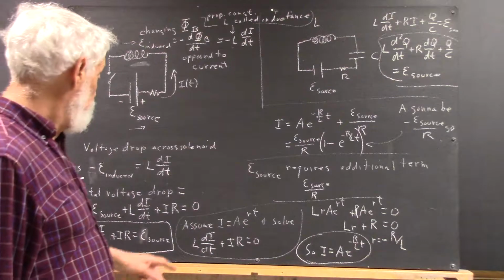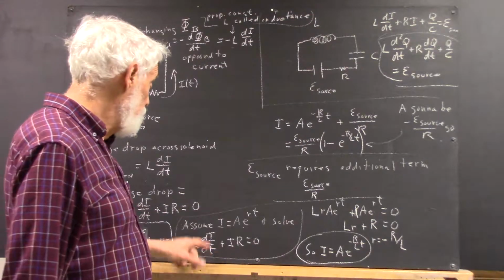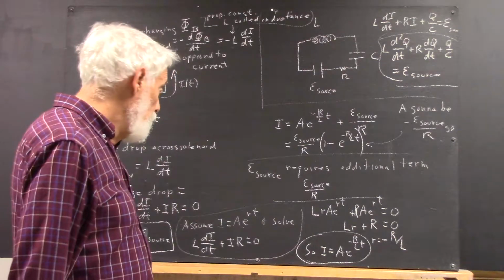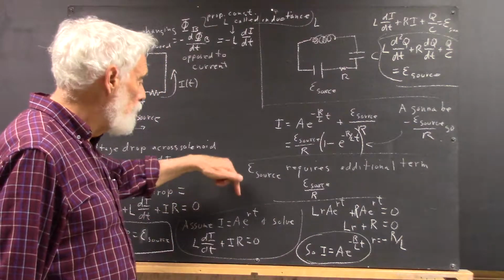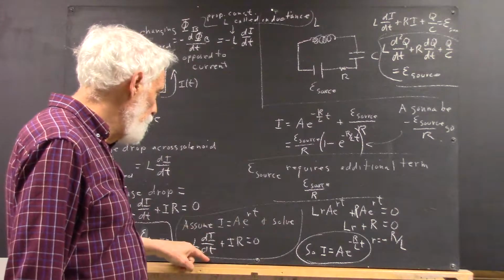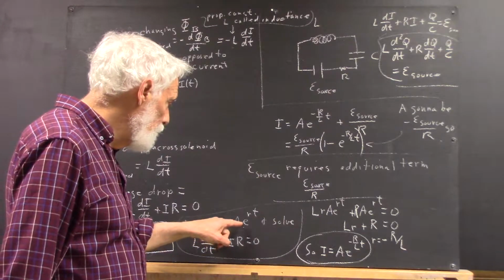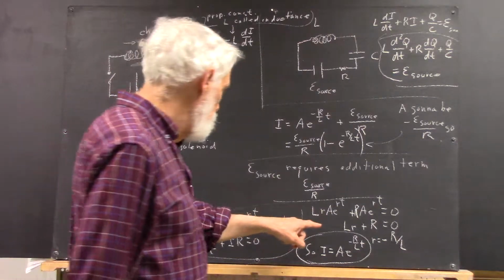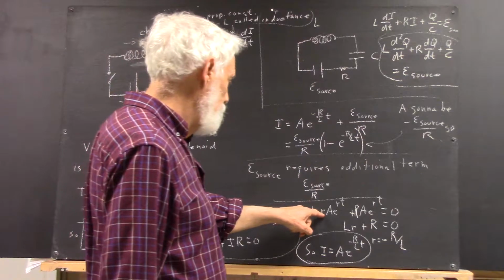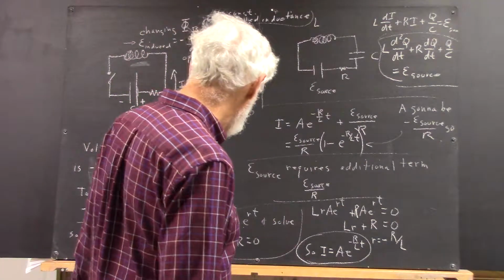Okay? If I is this, then dI/dt, well, by the chain rule, you're going to get a factor of r. So dI/dt is going to be r times A e to the rt. So replacing dI/dt by r times A e to the rt, we get L times r A e to the rt.